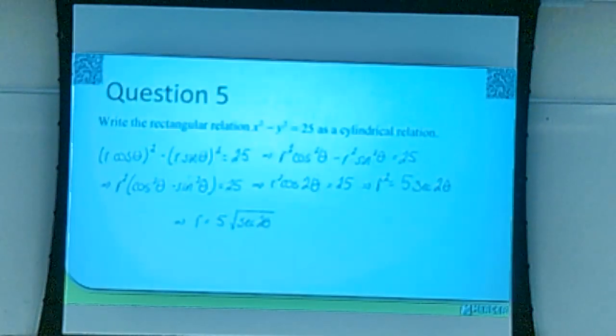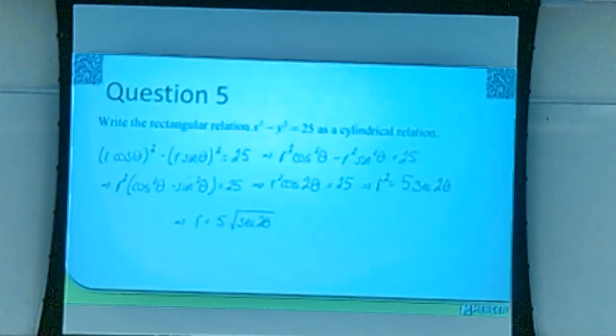R would then be 5 times the square root of secant 2 theta. Oh, by the way, we don't need to specify any restrictions here, because there are none. Secant of 2 theta would never be negative.